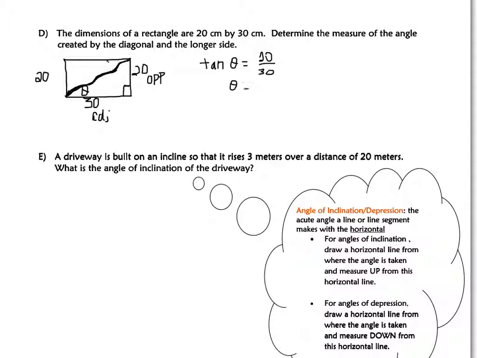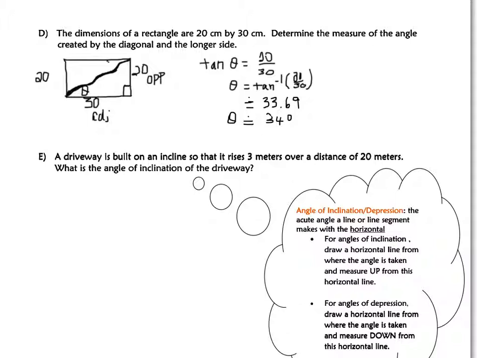So that means the angle is the inverse tan of 20 over 30. You use your calculator then. Inverse tan of 20 over 30 is approximately 33.69, or approximately 34 degrees for angle theta.